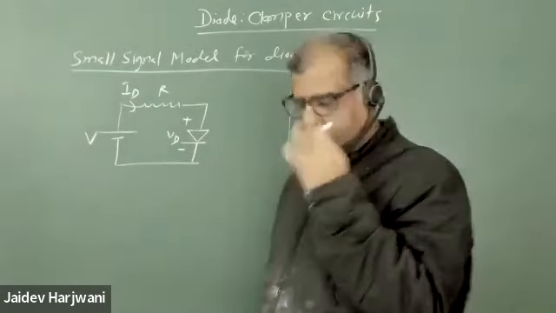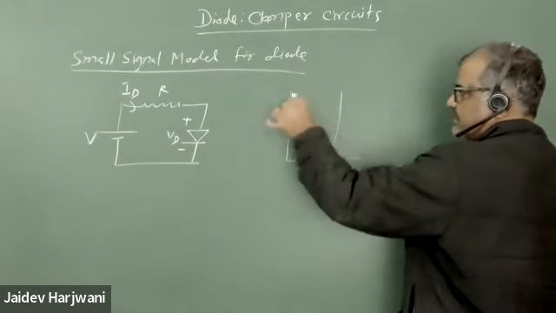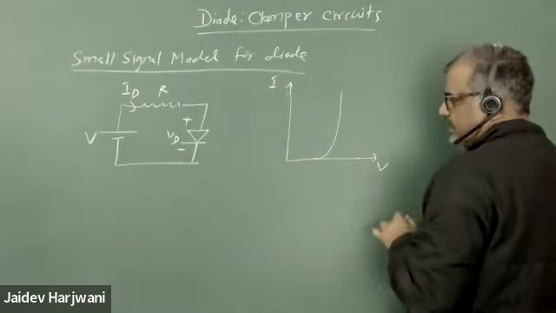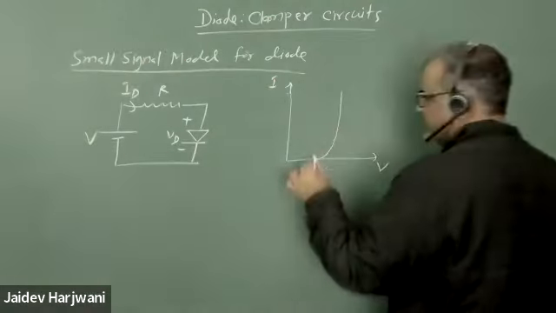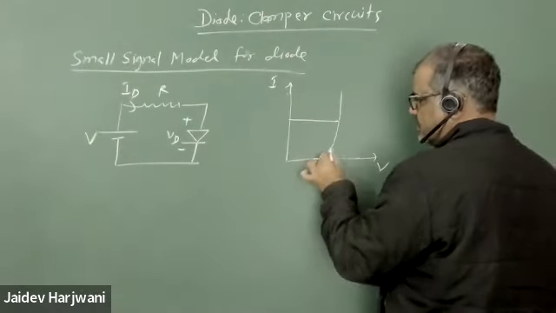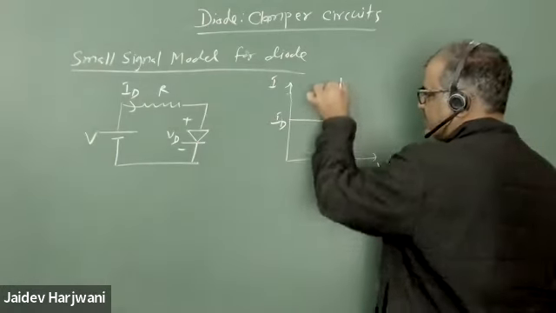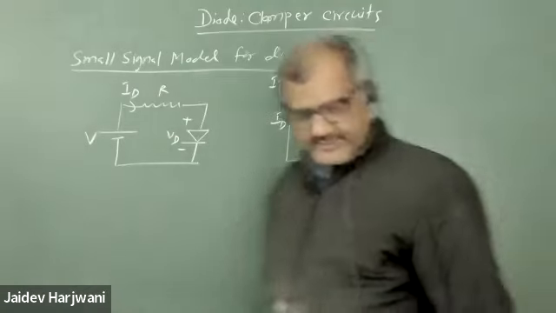So how can I plot the IV characteristics? This is I and this is V. How much current will flow in the circuit is decided by this resistance. Suppose this current ID is flowing in the circuit, and VD is the minimum voltage required for the diode to conduct.